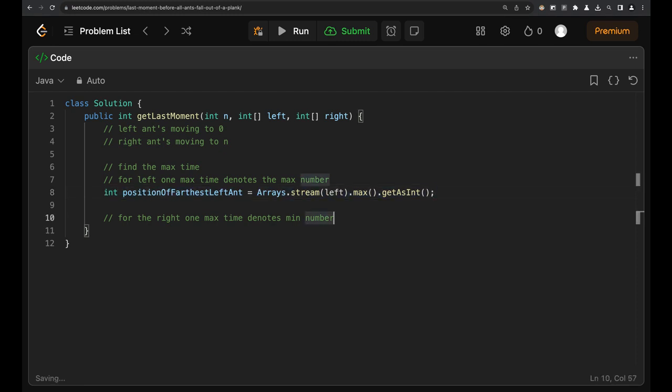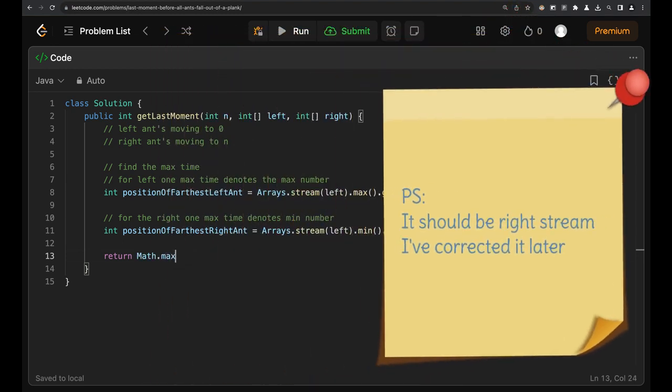Similarly, I will do it for the position of the farthest right ant, but only this time I'll get the minimum one, right? Ultimately, I'll see what is the maximum time to reach from the left and right.